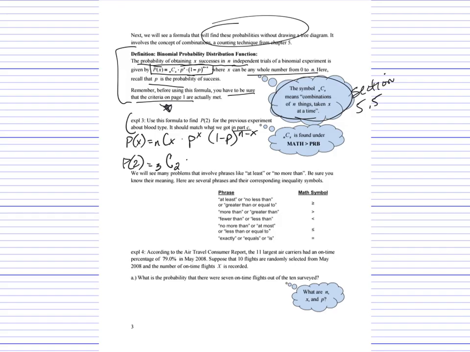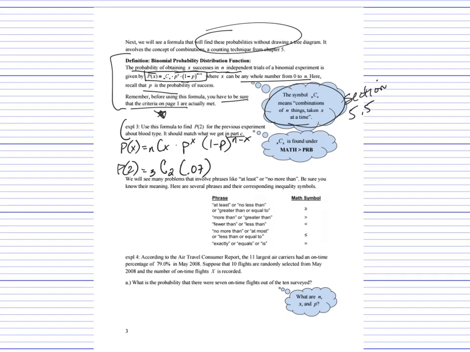So I've got 3 choose 2 times p, the probability of success. Remember, that was the probability of any one person being O negative. That's 0.07. And I'm going to raise that to x. So x is 2. Now I've got 1 minus 0.07 raised to n minus x. And again, n was 3, x is 2, so 3 minus 2 gives me 1.